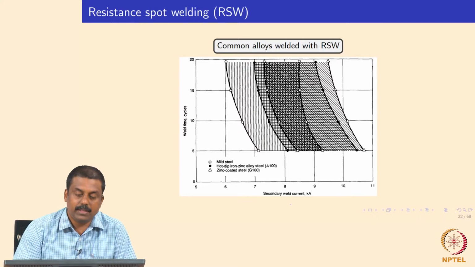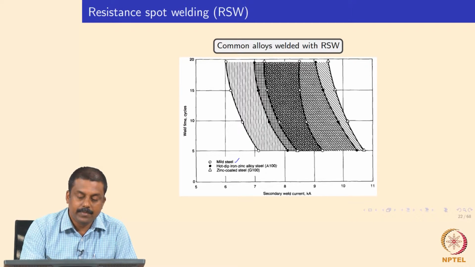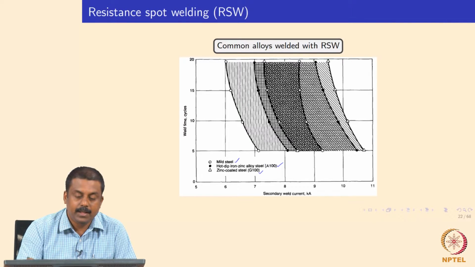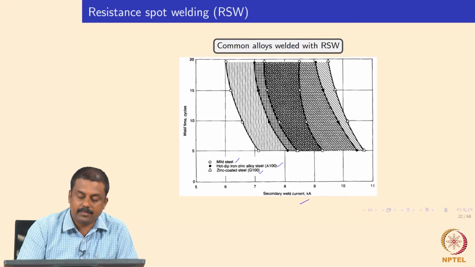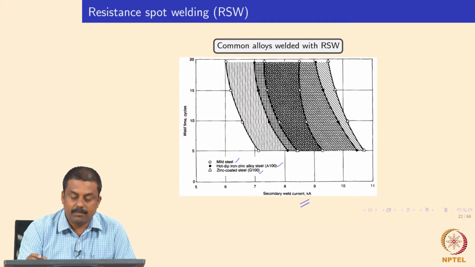So this slide shows the common weld growth curves for mild steel, a simple hot dip galvanized alloy steel, and an electroplated steel with zinc. So you see the welding time as a function of the welding current.